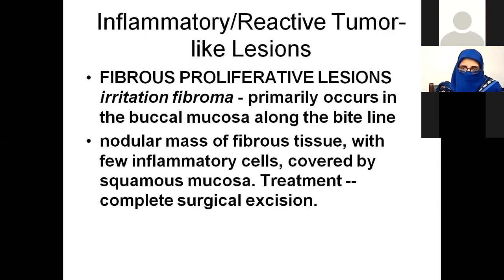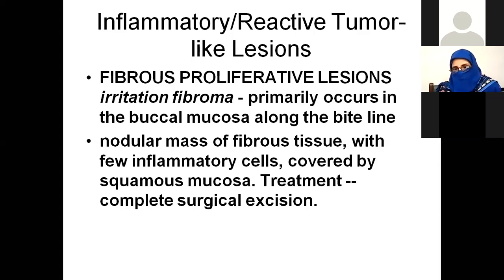So when we say inflammatory slash reactive tumor-like lesions, one is the fibrous proliferative lesion, irritation fibroma. This is primarily located in the buccal mucosa along the bite line. When we say fibrous, where does this fibrous tissue come from?